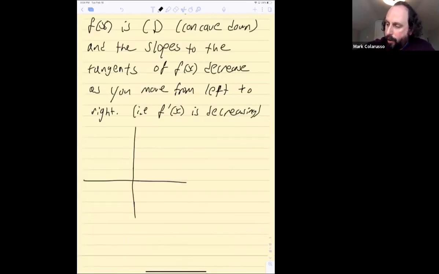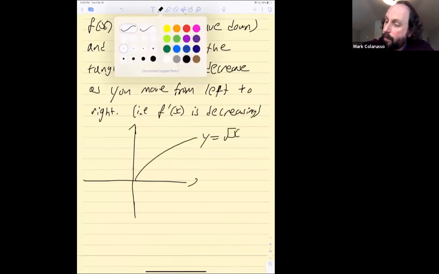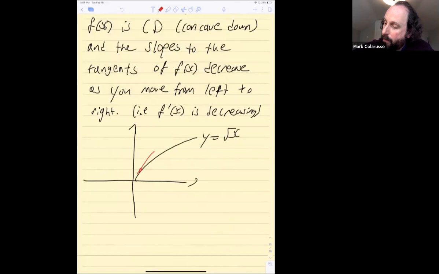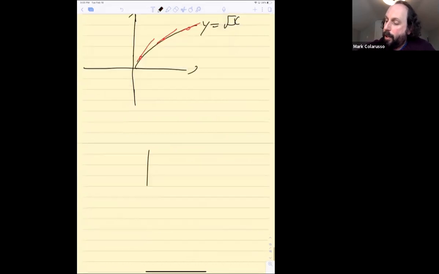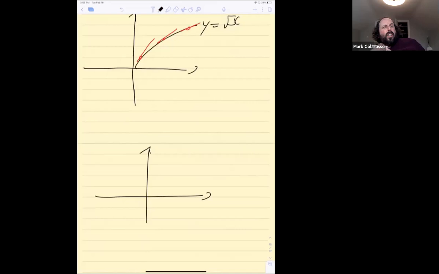So here, this is like the root curve: tangents getting flatter and flatter. What's another good example that you might see?